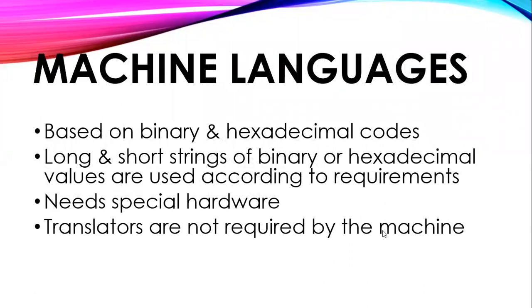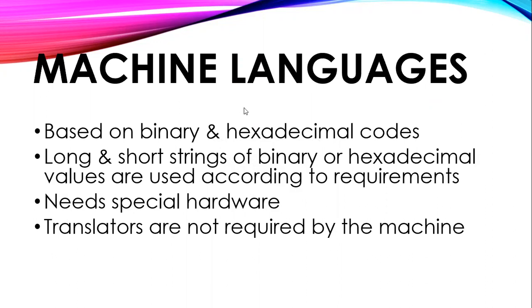Now, the first subtype of low-level language is machine language. What is a machine language? It is a mode of interaction between computer hardware and computer operator. These languages are based on binary and hexadecimal codes, which we already stated in chapter number 1. Binary and hexadecimal codes are still very difficult to understand or learn by computer operators.